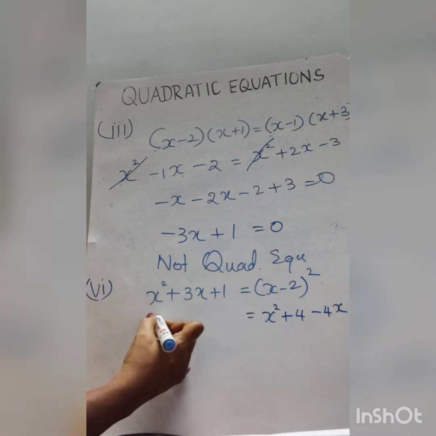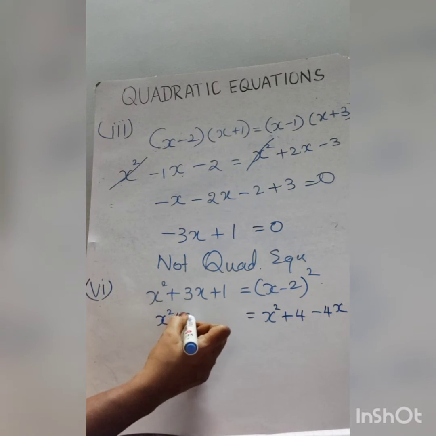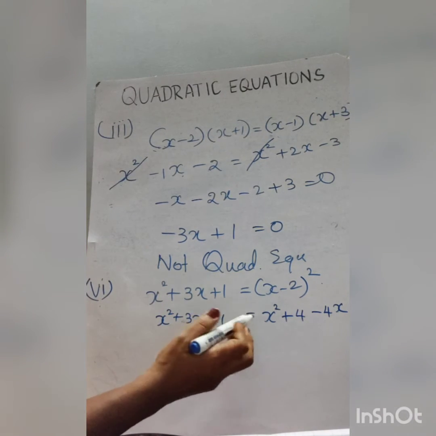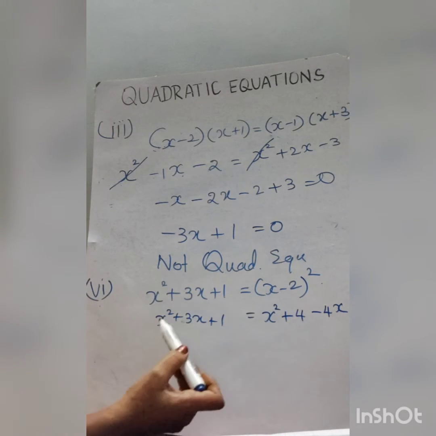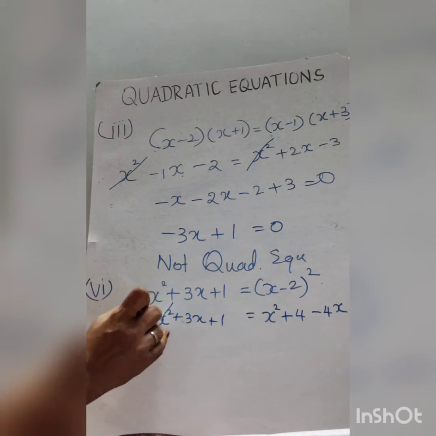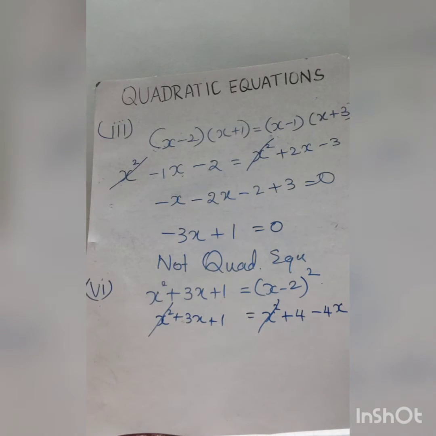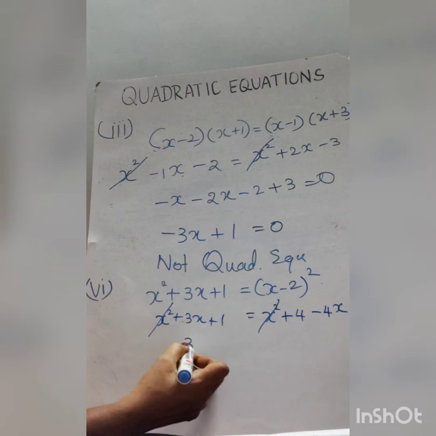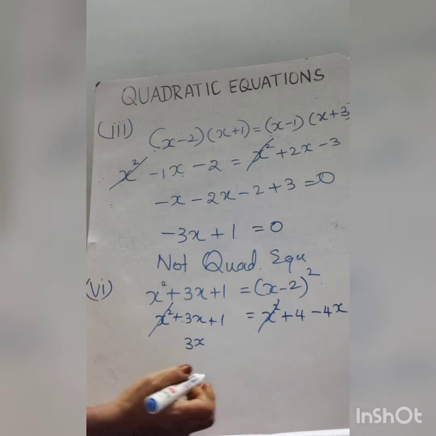On the left hand side we have x square plus 3x plus 1, and both in the right hand side as well as in the left hand side we have x square. So you can cancel this, and let me bring all the terms to one side.